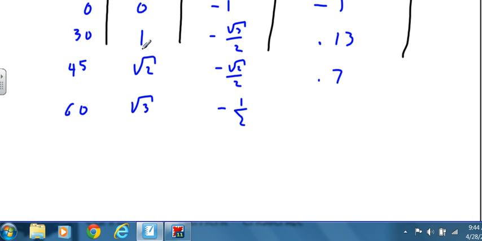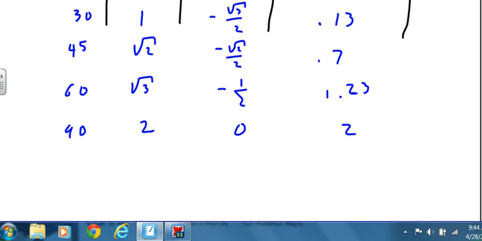So square root of 3, I don't have that one. Square root of 3 minus 0.5, 1.23. And then we'll look at 90 degrees. He's 2, 0, 2. All right.